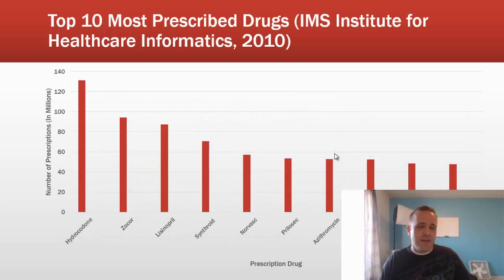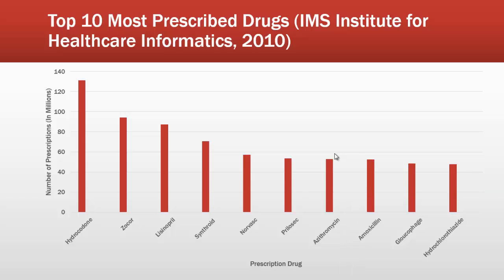So this slide is kind of just moving on. It's just to give you an overview, or a global idea, of how much medication is actually being prescribed. That's really all that this is intended to do.